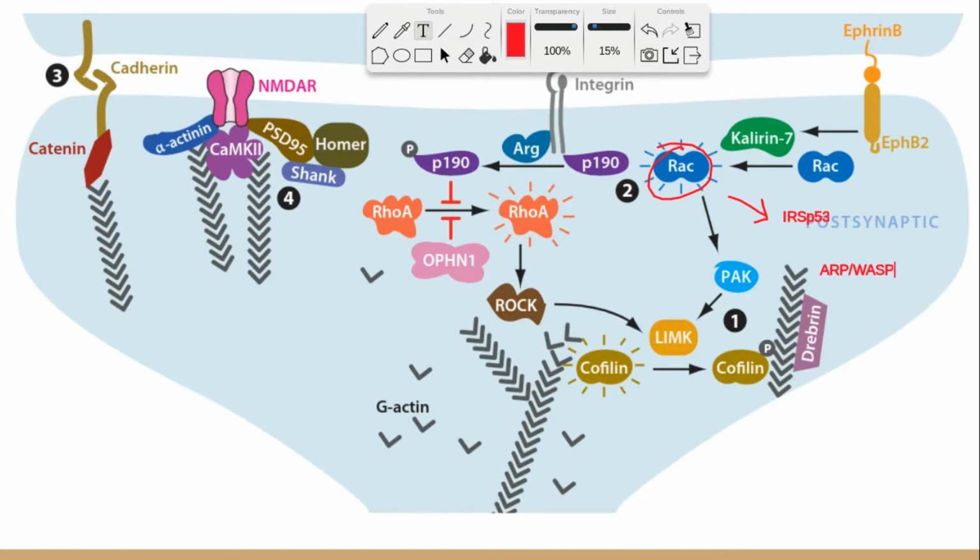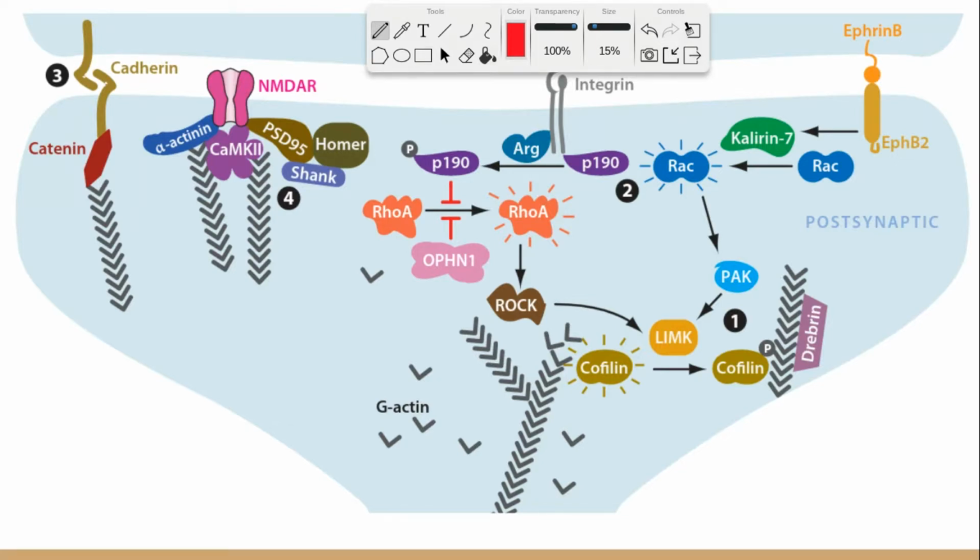And ARP-WASP is a protein that induces F-actin branching. So actually right here, this will be the WASP complex that's promoting this branching pattern of our F-actin. And that is done by this IRS protein activating WASP, and that produces F-actin branching, and that stabilizes the cytoskeleton and promotes dendritic spine stability.